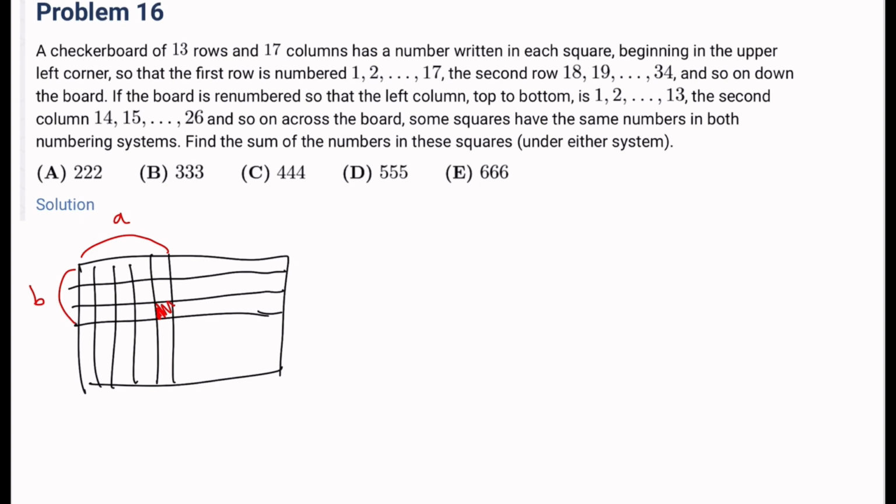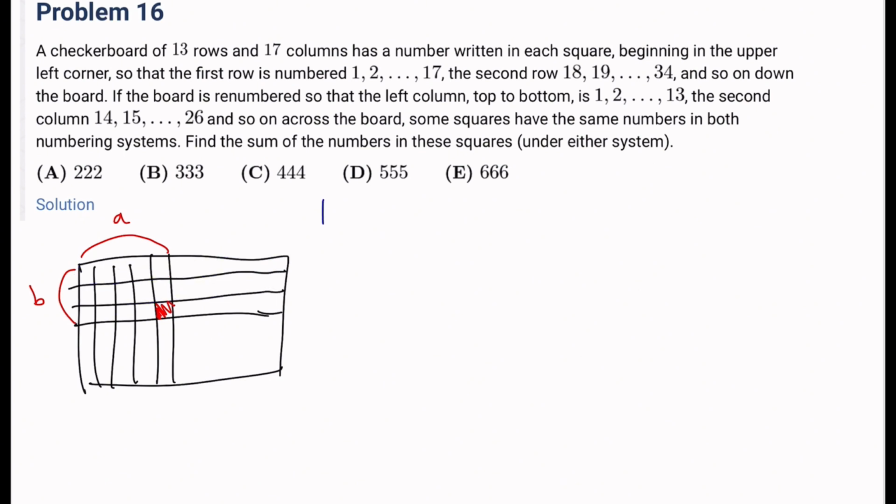And so every square on the checkerboard would be a distinct value of (a, b), right? So if we number it in the first way, then this is how it's numbered. And so this would be numbered 17 times b minus 1.